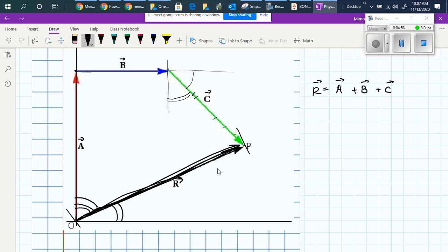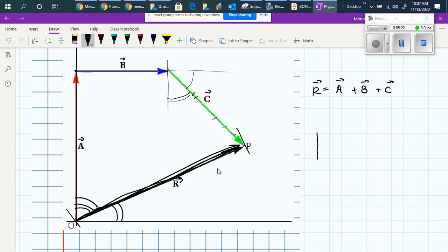Now, will there be questions where you have to use the scale and plot those vectors? No, but you should know how you are plotting those vectors in order to figure out the resultant vector.